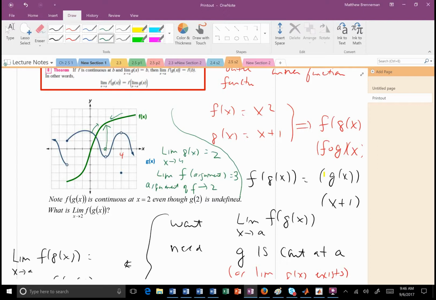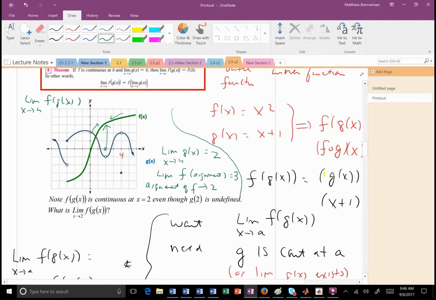Let's go back and think about the problem we're looking at. We're looking at the limit of f of g of x as x approaches 4. So this is the problem we're doing. As x approaches 4, the inside function approaches 2. But the argument of f is the inside function. That's the idea.